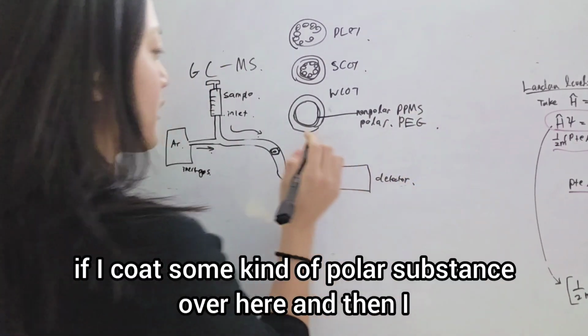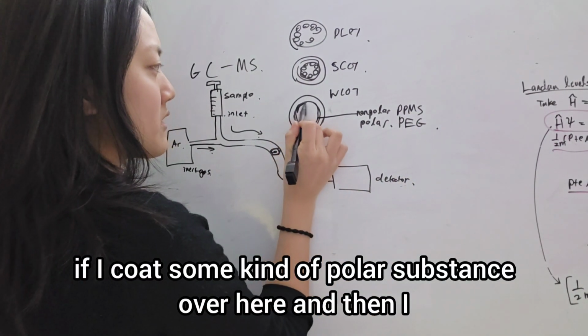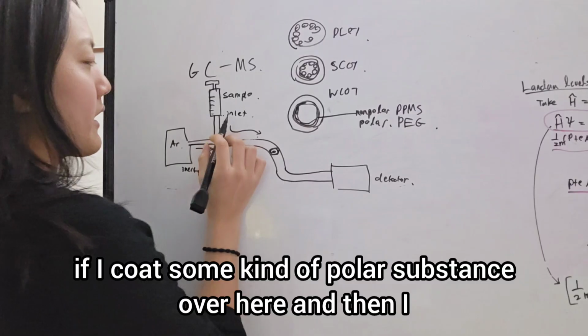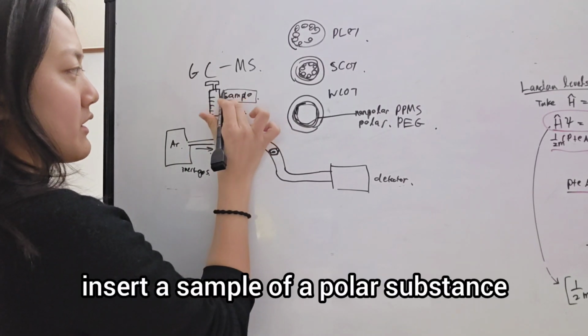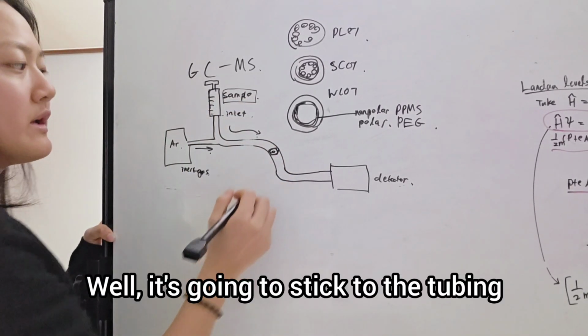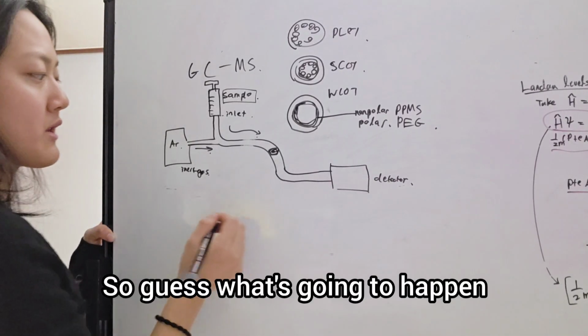So what happens if I coat some kind of polar substance over here, and then I insert a sample of a polar substance? Well, it's going to stick to the tubing. So guess what's going to happen?